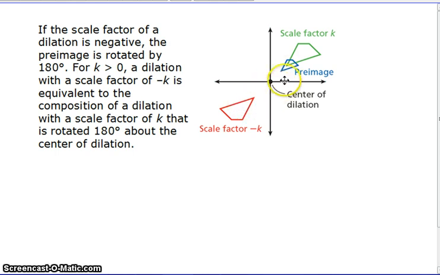So if k is greater than 0, the dilation with a scale factor of -k would be the composite of dilating by k and then rotating 180 degrees about the center of dilation, right? So it'd be like, blow it up by something bigger than 1 and then rotate it 180 degrees.